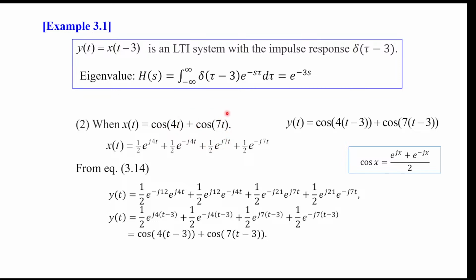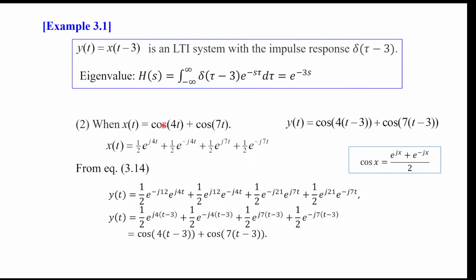Because the system is really simple, the direct calculation of the output is very easy. This is a time delay system, so we just change t to t minus 3. The output should be cosine of 4(t minus 3) plus cosine of 7(t minus 3). But we can also do this the eigenfunction decomposition way.